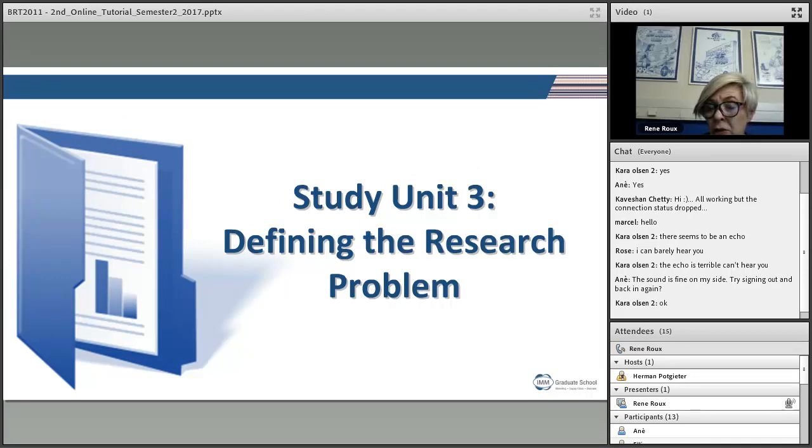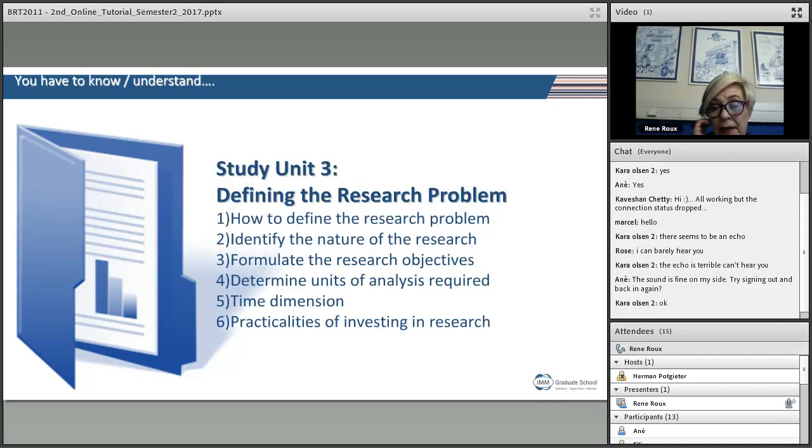So yes, before we carry on with study unit 3, defining the research problem, any questions on study unit 1 or 2? If there are any questions, just quickly type them. In the meantime, I will just quickly show you what you need to know in study unit 3.